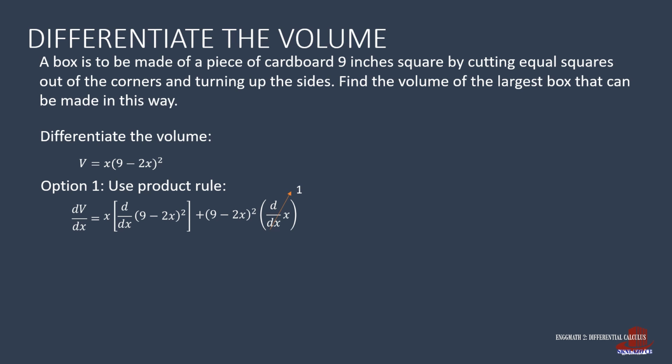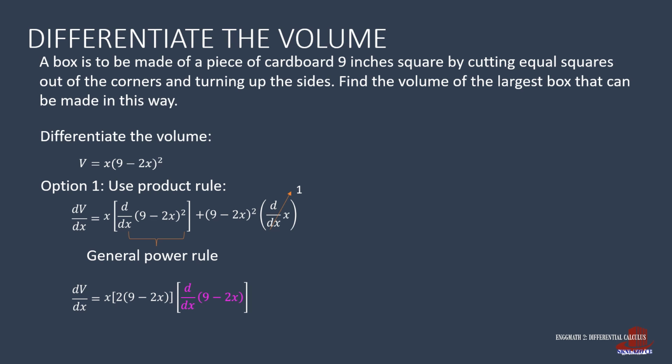At this point, we can see dx over dx and take this as 1, leaving just 1 from the first term. The derivative of the square of the binomial requires general power rule. So dV over dx is then the copied x times twice of the binomial with a power of 2 minus 1.